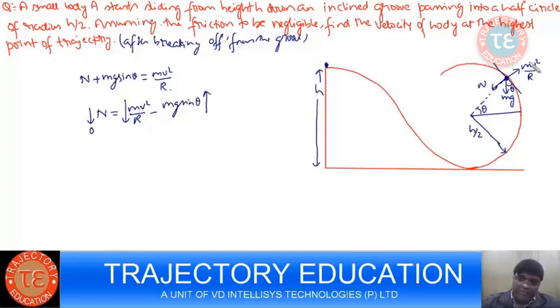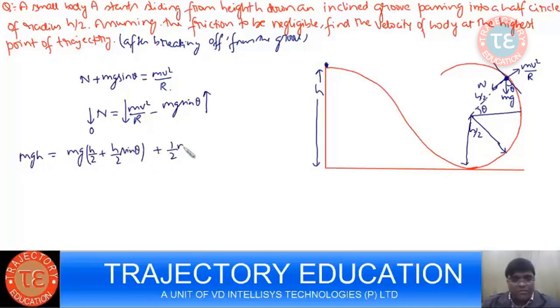For that we have to find mv square over here, and we can use the law of conservation of energy. See, there is no friction, so energy in the beginning was mgh, and that is equal to mg times the potential energy over here, which is h by 2 plus h by 2 sin theta, plus half mv square, right?